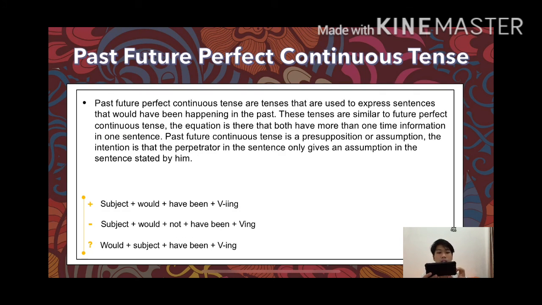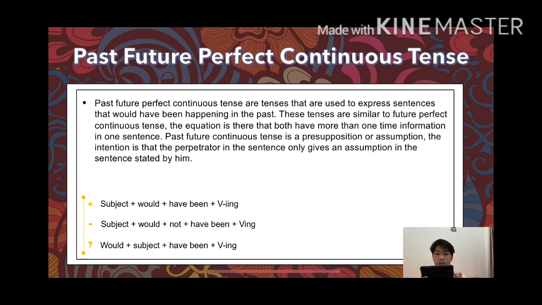Okay, the next is past future perfect continuous tense. Past future perfect continuous tenses are tenses that are used to express sentences that would have been happening in the past. These tenses are similar to future perfect continuous tense. The similarity is that both have more than one time information in one sentence.